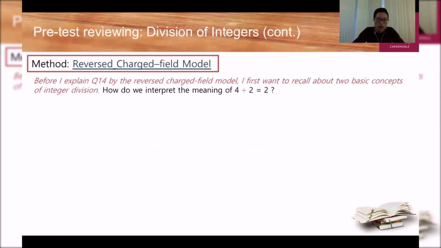So charge field model in division, we will do a little bit differently from how we use this model in multiplication. So here we call it reversed charge field model.